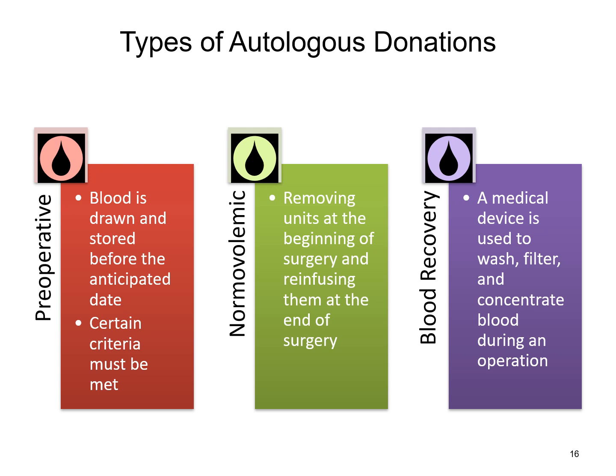The next form of autologous donation would be normovolemic hemodilution. What this process does is, once the patient is started on anesthesia and put under, the anesthesiologist will remove a specified volume of blood that's determined ahead of time. They'll take that out, and then replace that volume back with fluids.